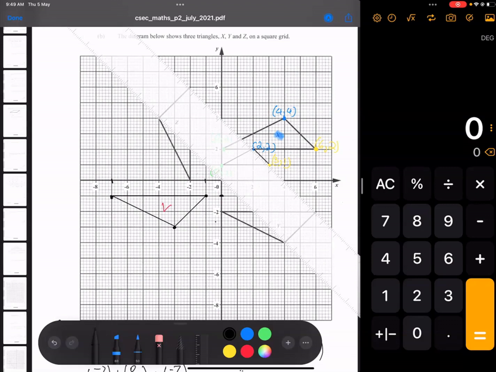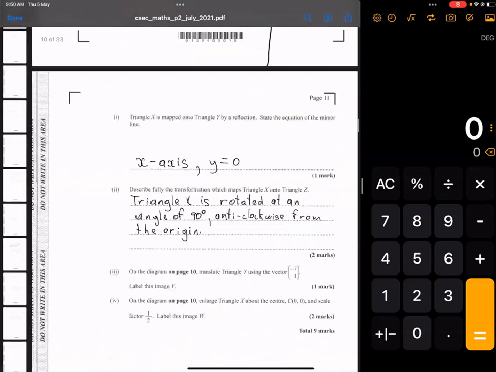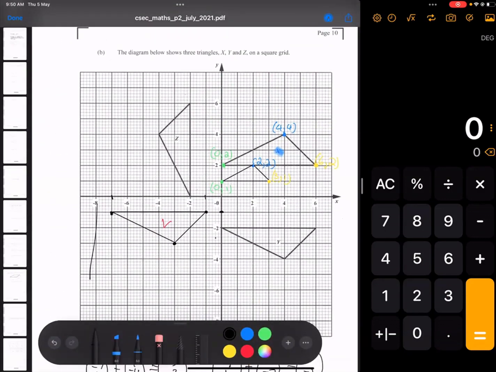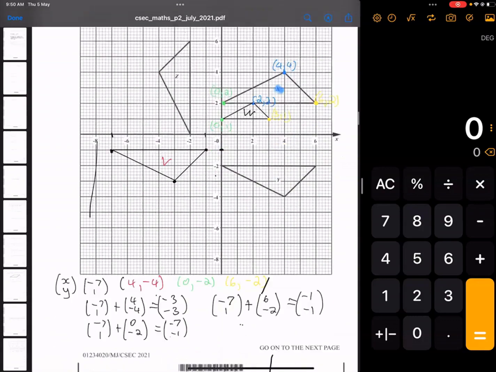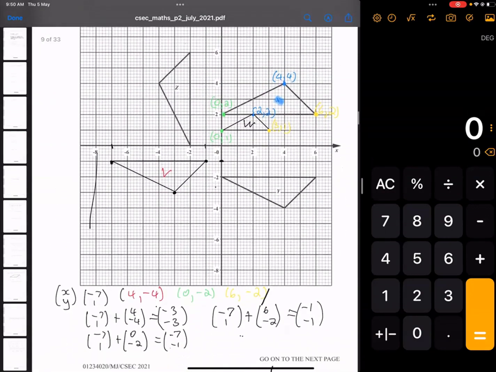That is our new triangle, enlarged by a scale factor of 1/2 about the center. Does it tell us what we should name it? Alright, our new triangle should be named W. I think that's it for question 3. Yes, that's it. So very simple, very easy.